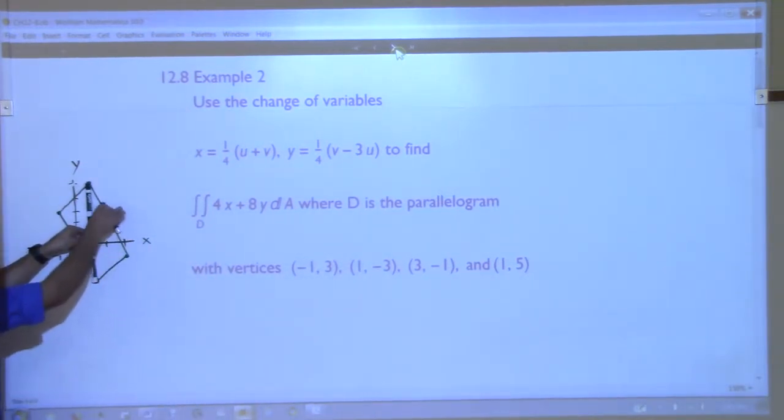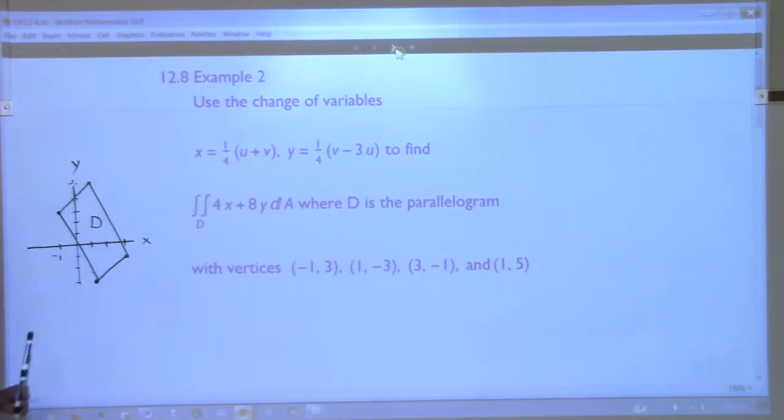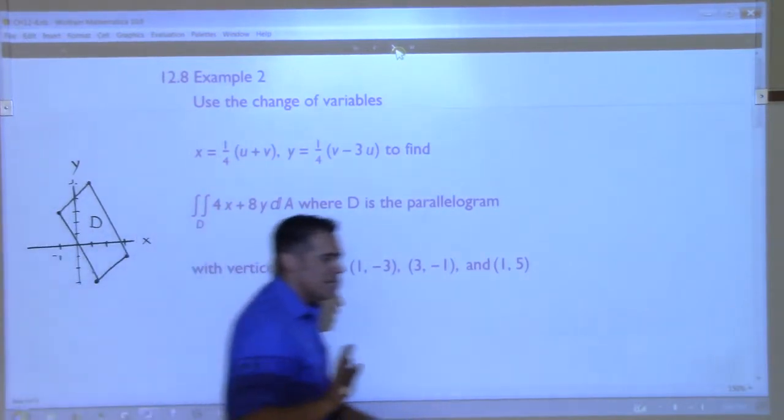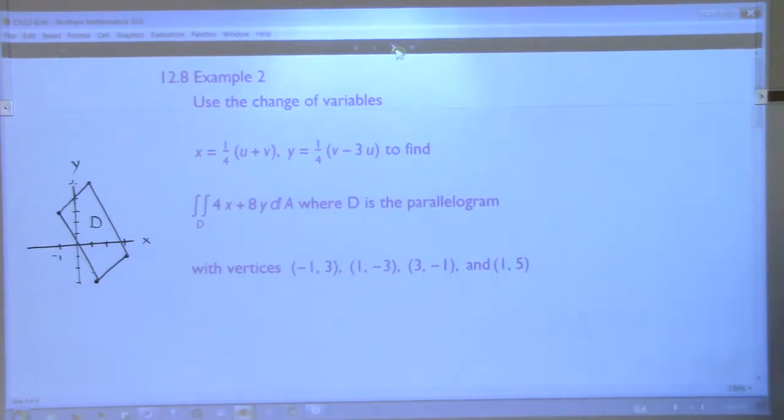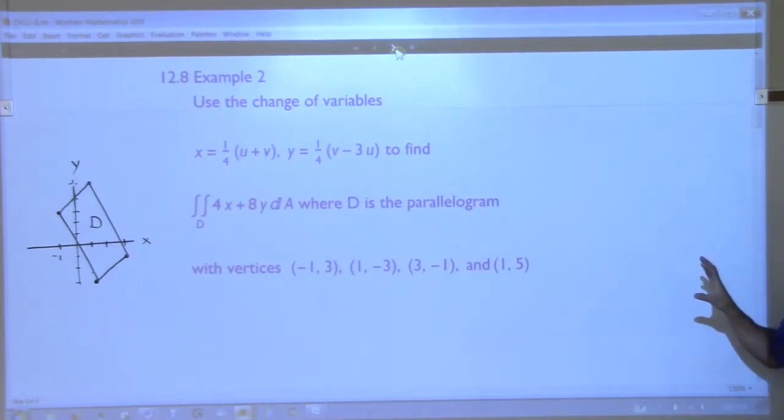We would have an upper and lower function of x, and our x would go between something. So we could look at that as a type 1, and then the left-hand side, we could look at that as type 1. So it could be done, but the idea here is that if the region gets too complicated, maybe there's a change of variables that'll make it easier, all right?